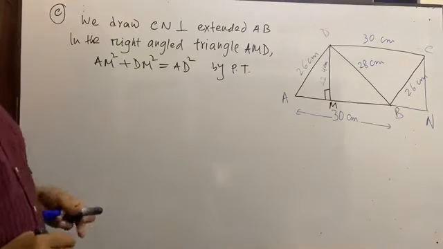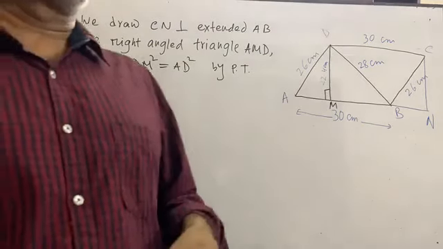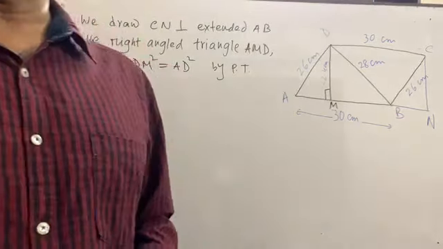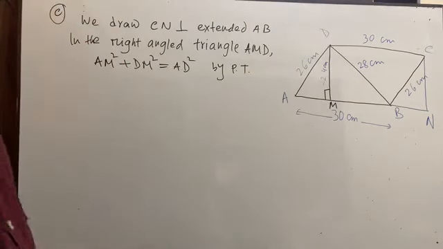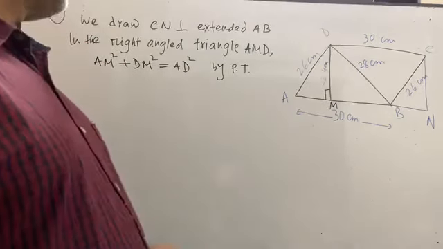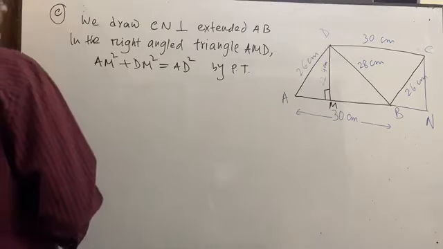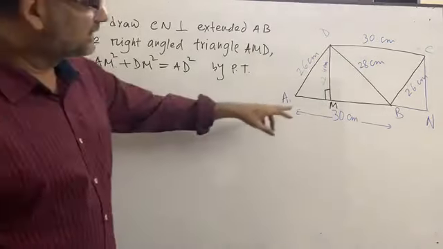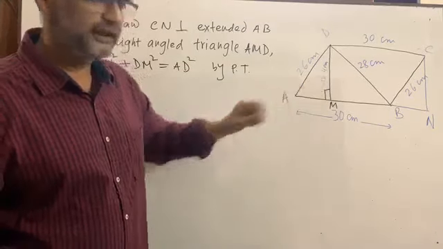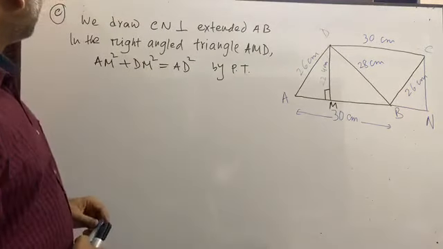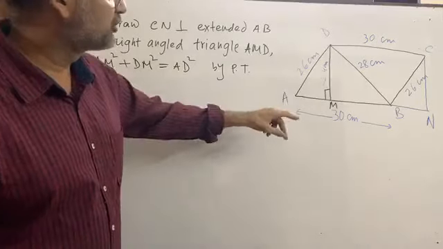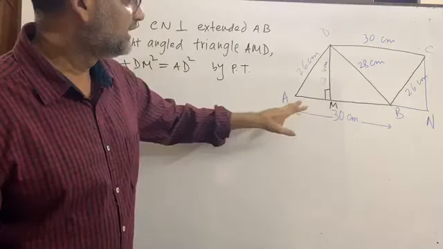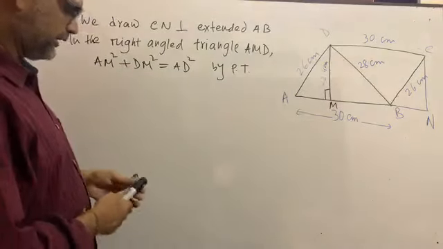That day some of you asked me what is meant by PT. PT means Pythagoras theorem. Actually it is the theorem of Pythagoras by PT, okay? Now in this triangle there are three sides. We know the lengths of two sides, this side and this side. AM is unknown. Very good.